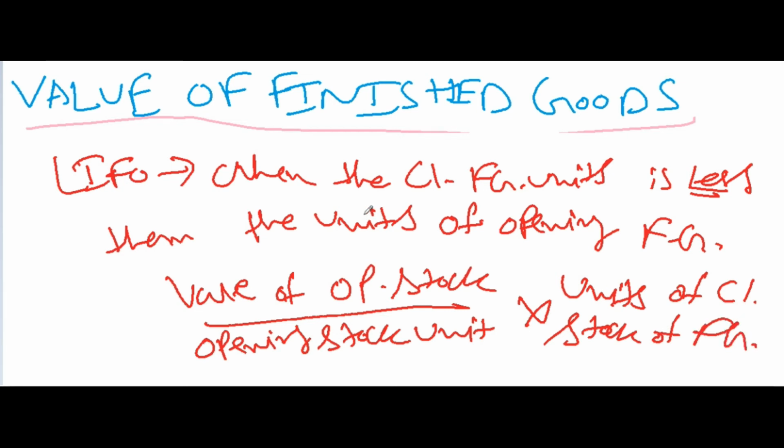So we have to compare the units, not the value. We only take the units: if the closing finished goods unit is less than the opening finished goods unit, then the formula is value of opening stock by opening stock unit into unit of closing stock. Clear?